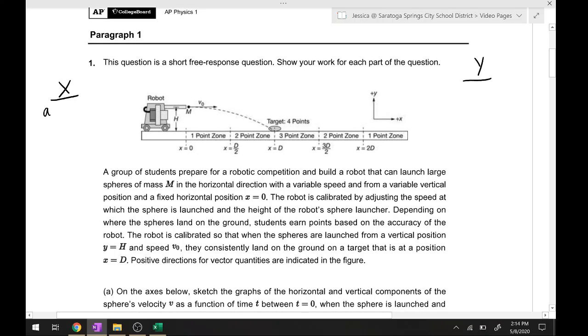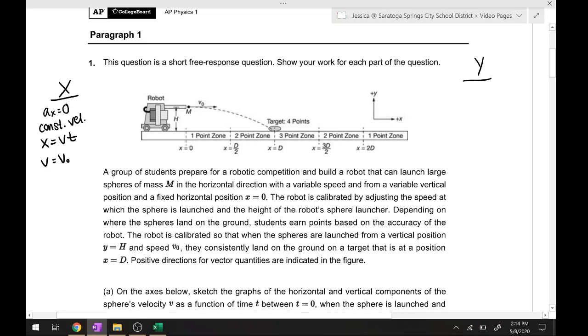So in the x direction, my acceleration is 0, which means I'm moving at a constant velocity. Okay? So the only equation I can really use is x equals vt. And that velocity is represented by whatever the speed coming out of the launcher is.